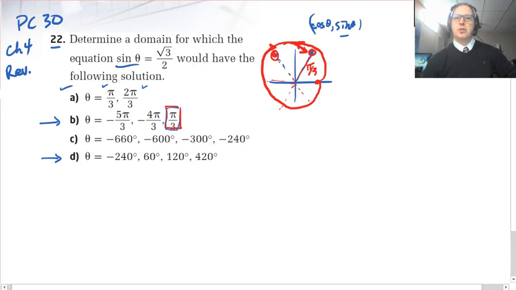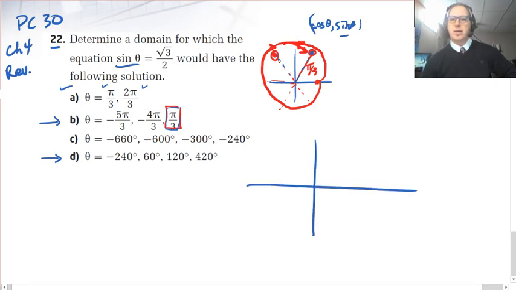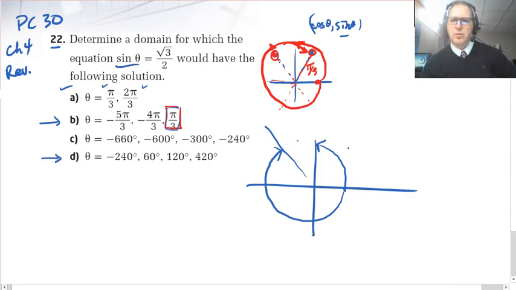So let me just redraw that. So we have the first quadrant where we've got this pi over 3. We've also got the second quadrant where we have the negative 4 pi over 3, and then negative 5 pi over 3 would come back to this spot again.